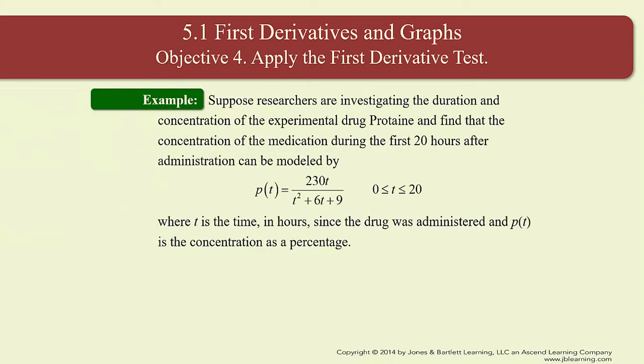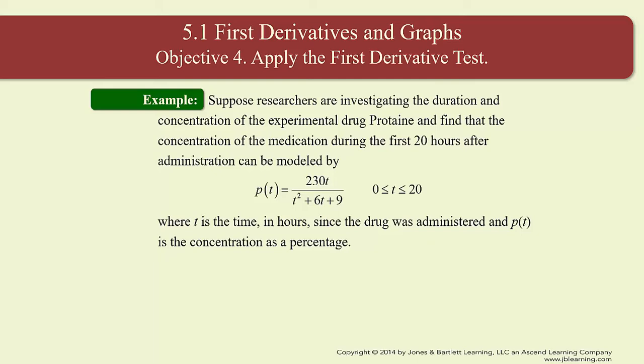So what we have left in this section is to do an application. So again, get this written down. I know there's a lot of words. I'm going to go to the board and I'm going to work through it. But for this function, it's a function that is modeling concentration of medication.